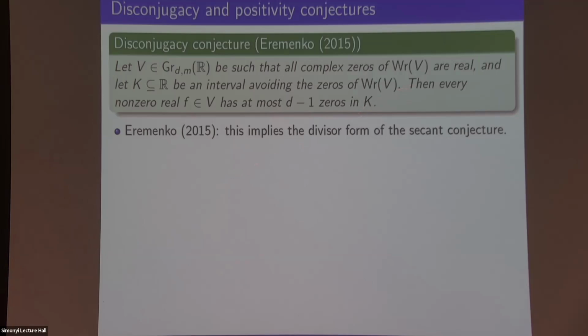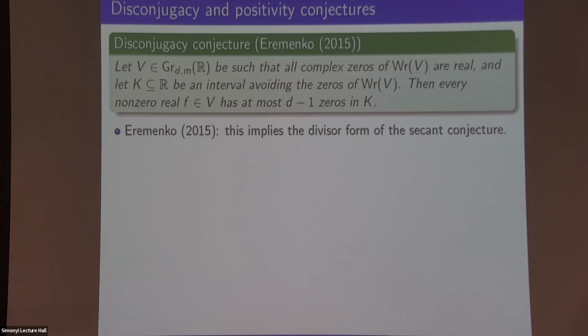And Eremenko showed that this implies the divisor form of the secant conjecture. I won't go into details, but this follows from a souped up version of the intermediate value theorem called the Poincaré-Miranda theorem. In the divisor secant Schubert problem, we're considering secant subspaces.